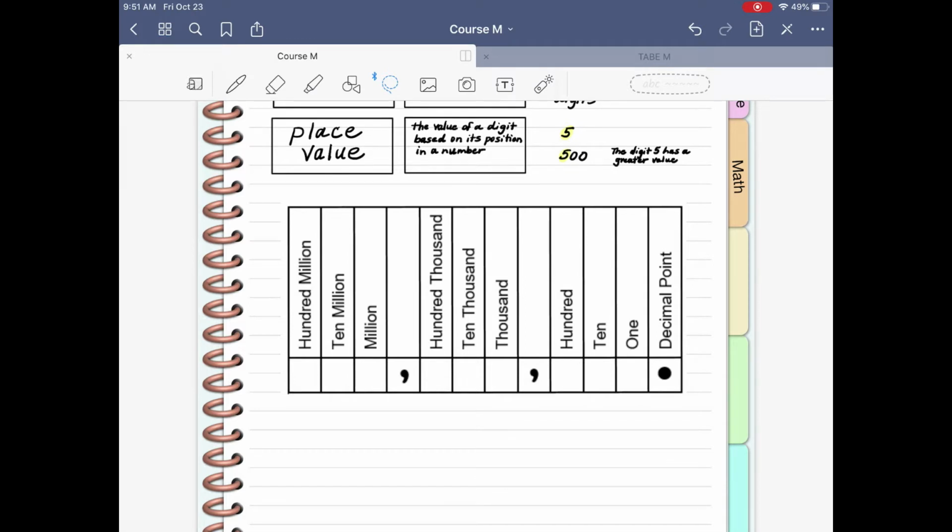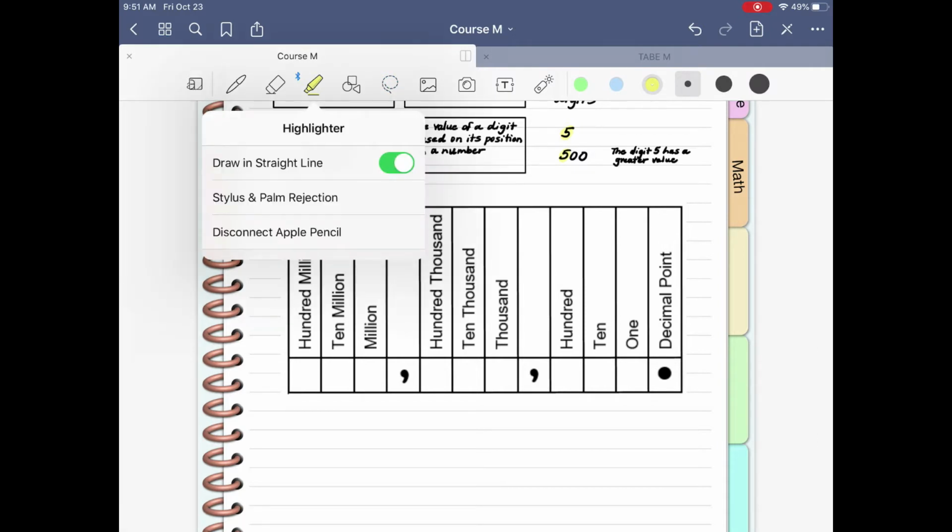Now I'm going to color code mine. You don't have to do that, but if you have colored pencils or highlighters, those really help me to see things in different colors. So the first thing I'm going to color in is what I call the punctuation.